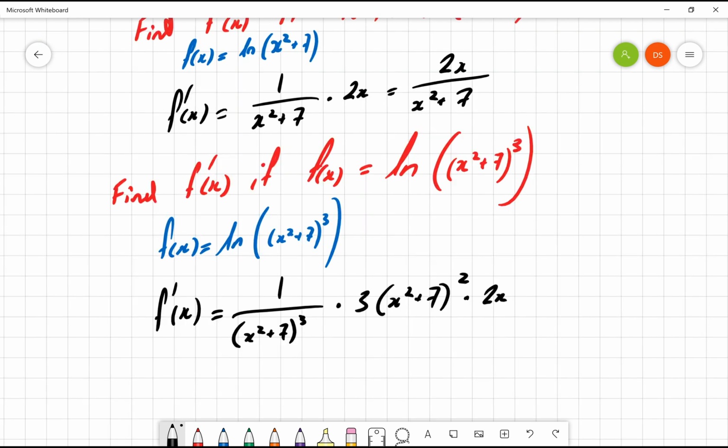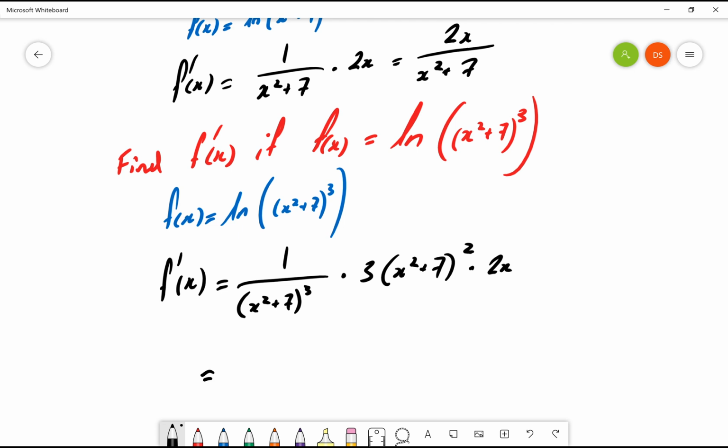So, simplified, 3 times 2x is 6x, yes. 6x times x squared plus 7 squared all over x squared plus 7 cubed.